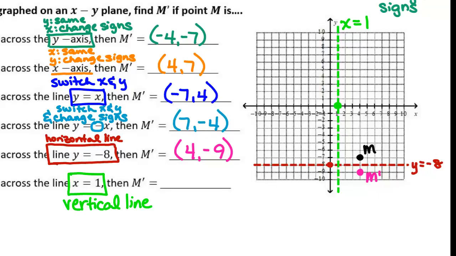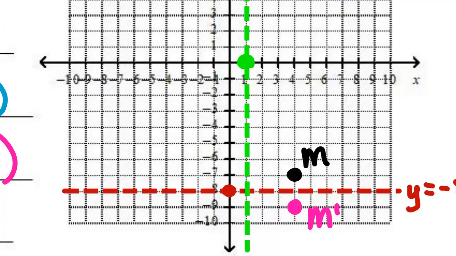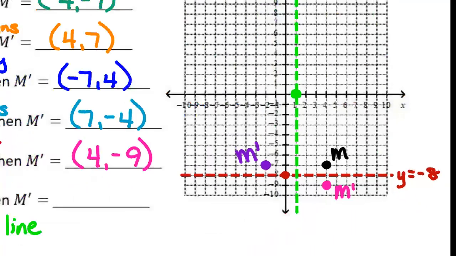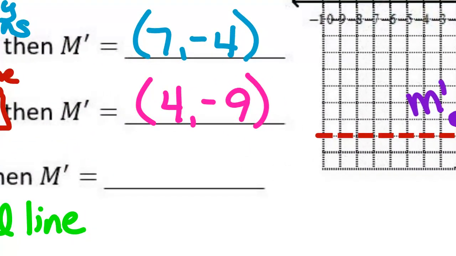How many hops to get from this black dot M to the green line? 3. 1, 2, 3. So on the other side, I go 1, 2, 3. Put my point down. That would be M prime. Where did that point end up?